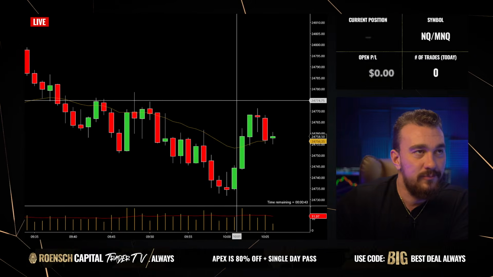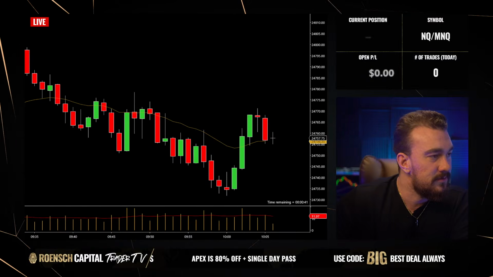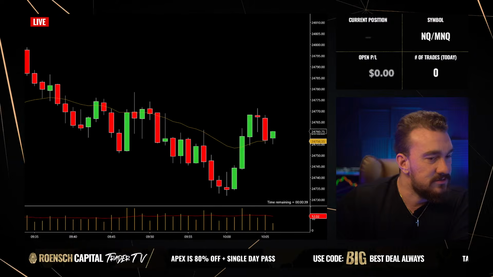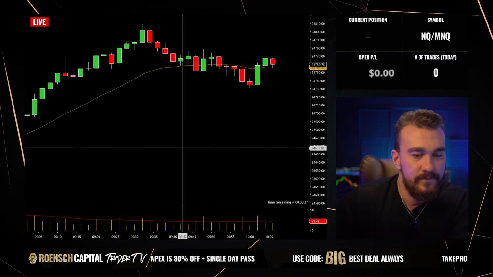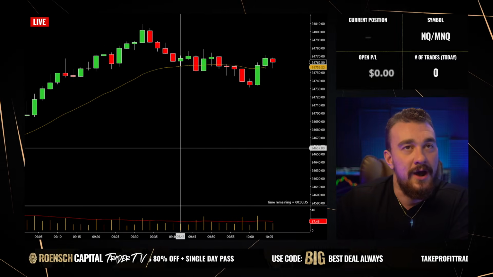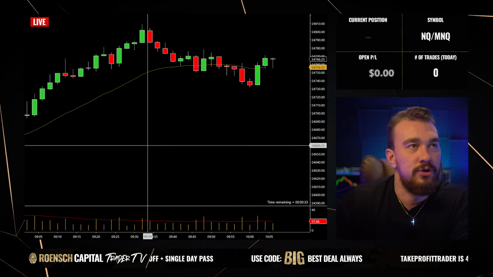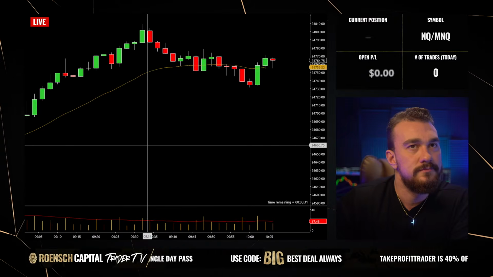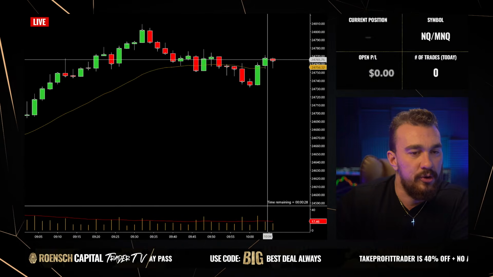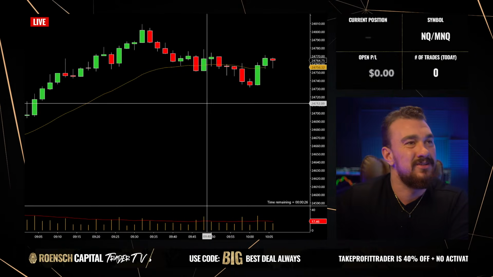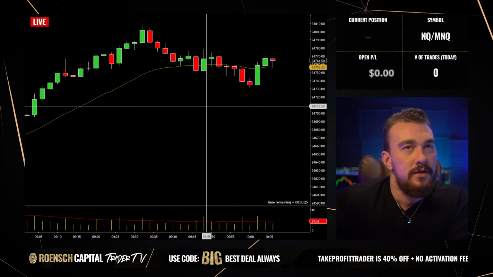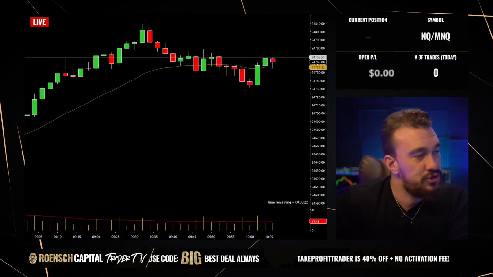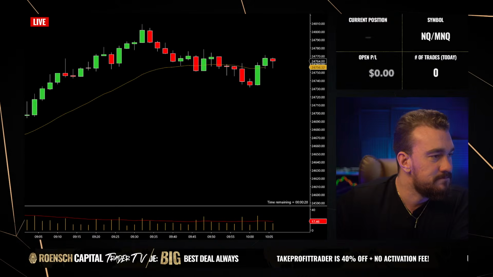Here's the 1 minute. 1 minute's looking a little nicer. 2 minute. At this point now, after a few more bars, I actually prefer the 2 minute over the 1. But we have a shrinking bull body here coming right into what is potentially a little flat top.